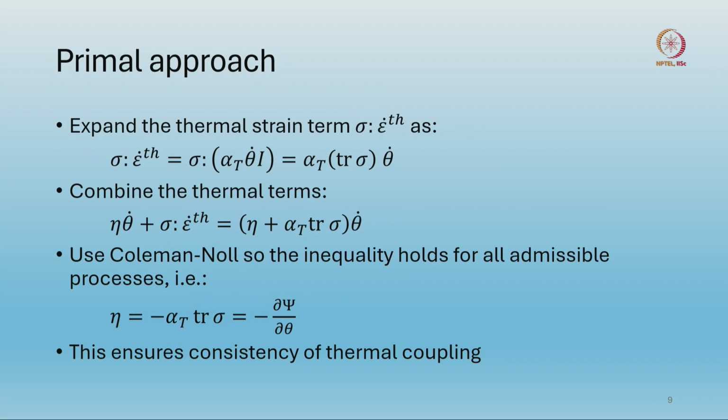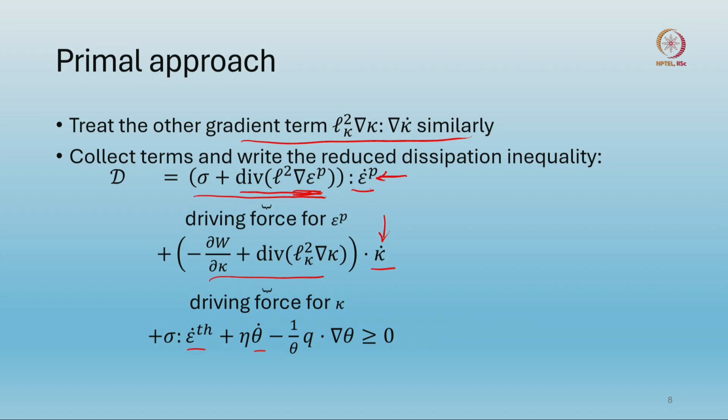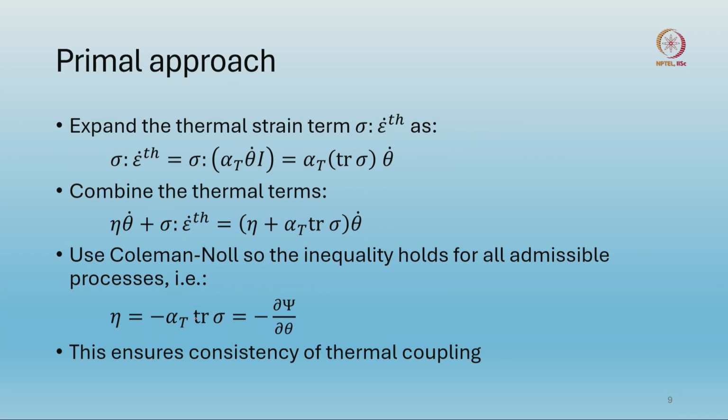All right, now let us continue to talk of the primal approach. For the term involving sigma epsilon dot theta, that is the thermal expansion term, we can put in the expression for epsilon dot theta, which we postulated some time back in terms of alpha theta.